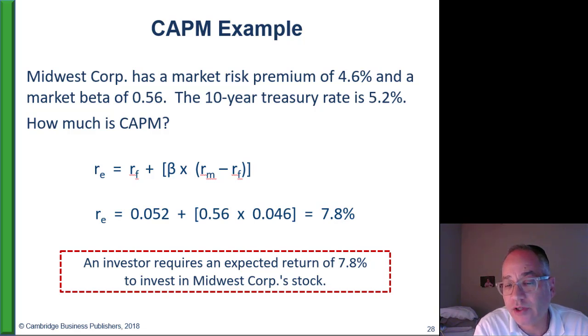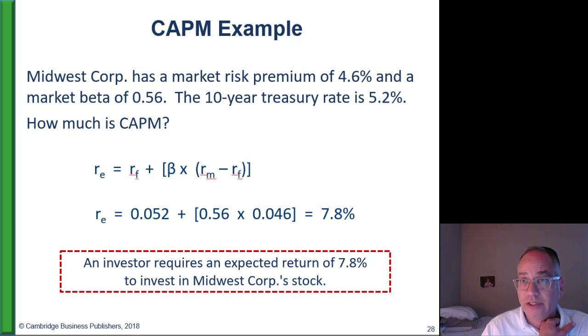Then the expected return from that investment would be 7.8%, because you would expect 5.2% from an investment that had no risk. And then this risk premium, which would be, in this case, 2.6%, coming from beta times the market risk rate, would give you an overall expected return of 7.8%. So you would expect to make 7.8% on this particular stock.